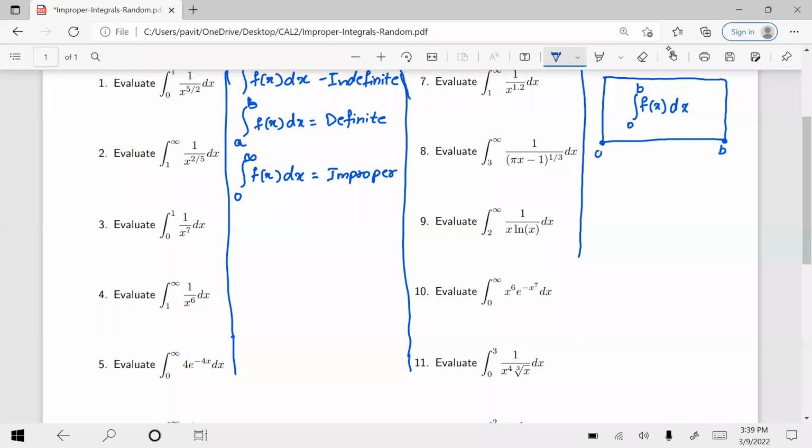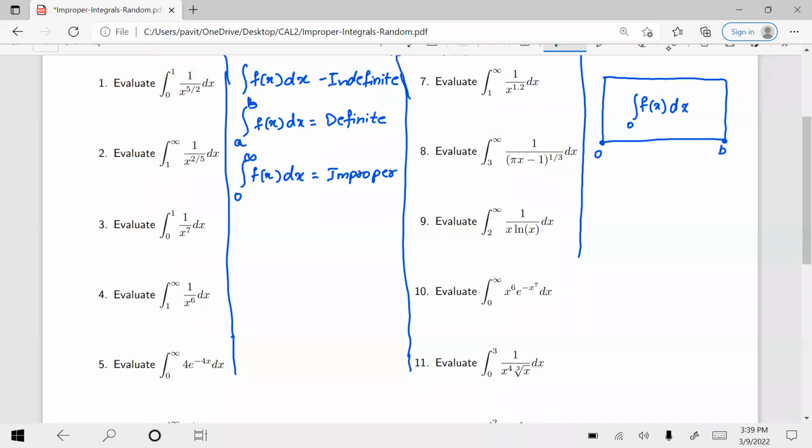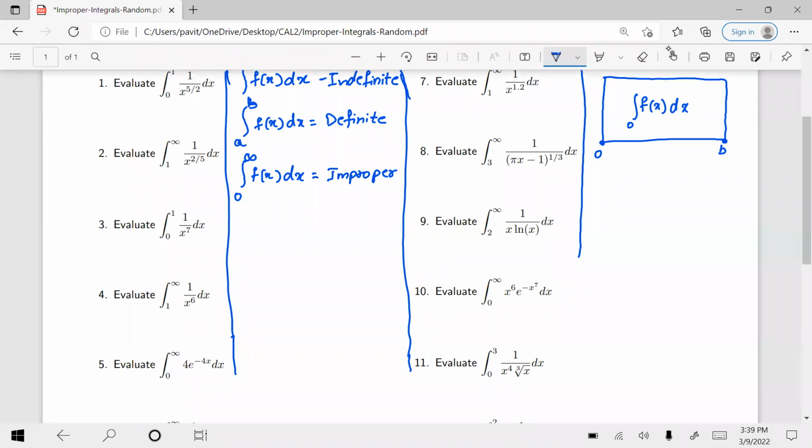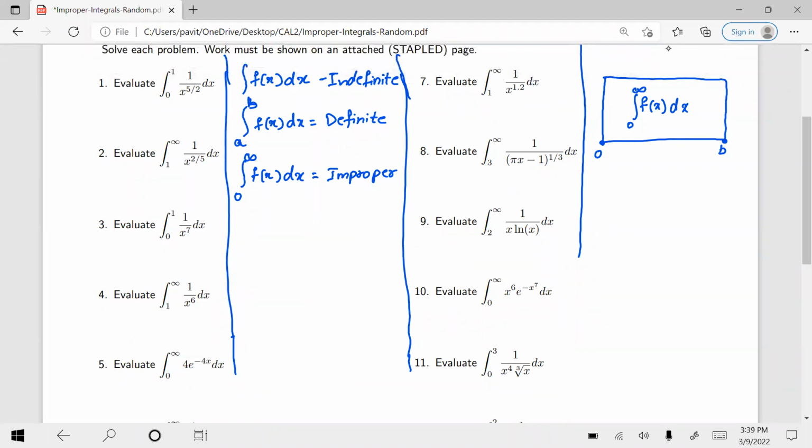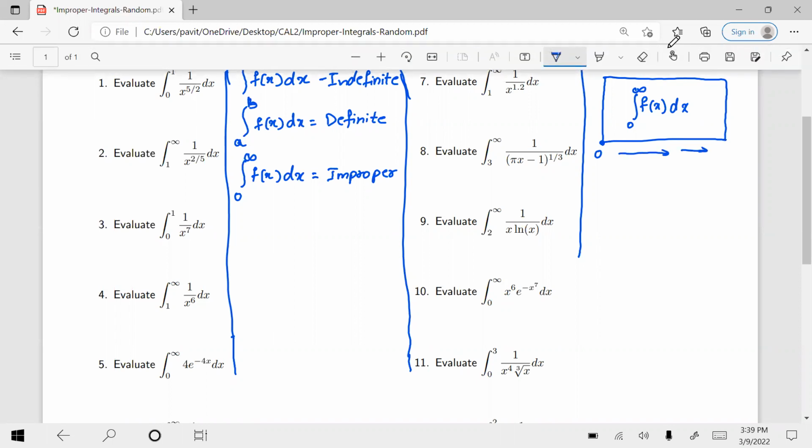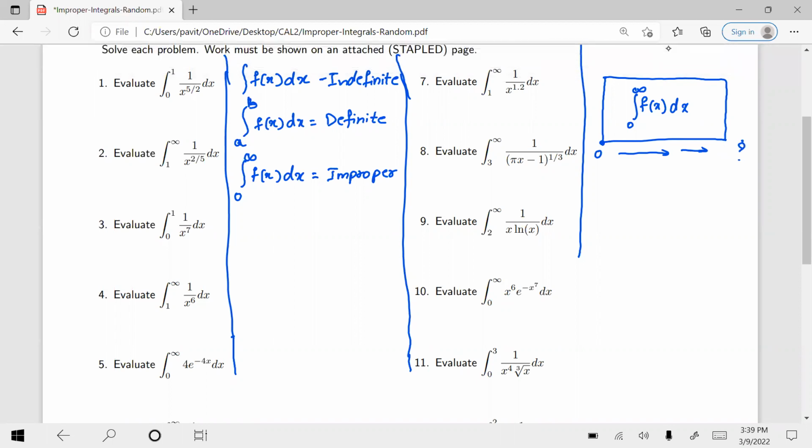I'm going to start from 0 and end at infinity, right? So 0 till infinity. And where is that point infinity? No idea about that, right? We do not know how far the integral goes. So it is kind of indefinite as well, and also definite because we have 0.